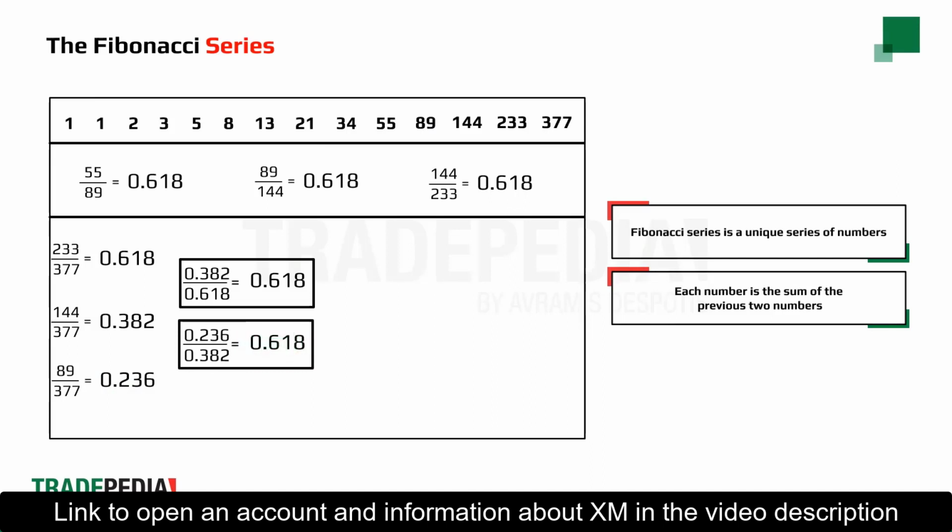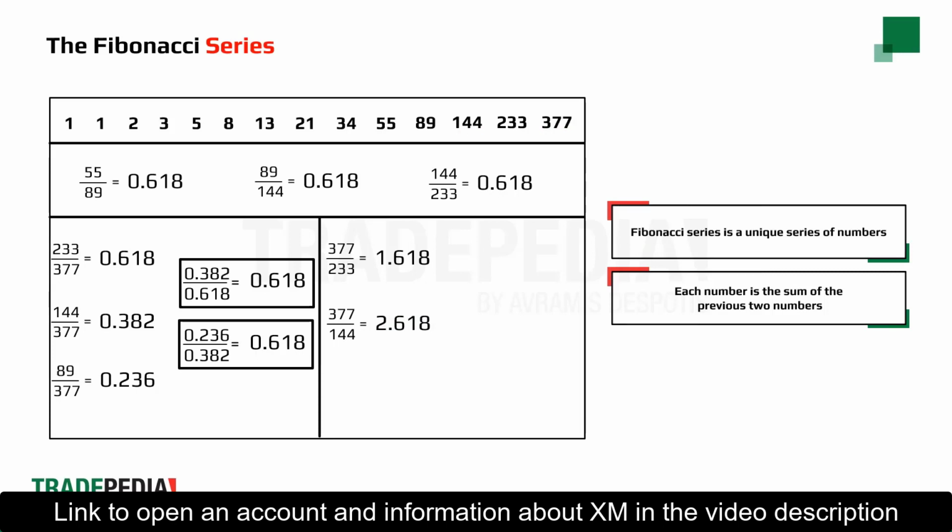What about now if we did the opposite calculation and divided 377 by 233? We would find another magic number, 1.618. If we left a second number in the middle empty and divide 377 by 144, we find the ratio of 2.618.